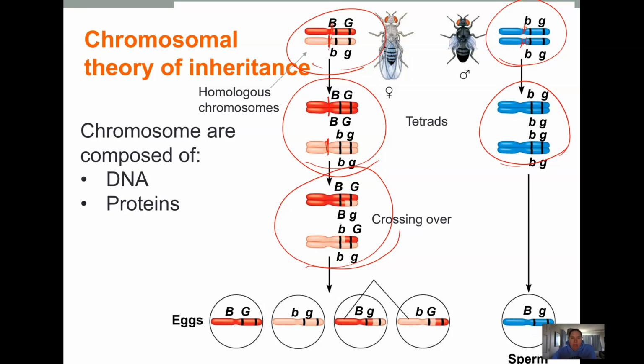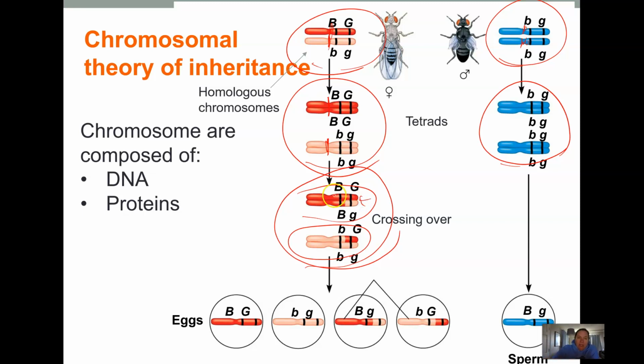So you can see that this is going to lead again to 4 variations in the female parent's gametes, and this occurs. So the first, the tetrads, right? The two chromosomes are going to pull apart in anaphase 1, and then the sister chromatids are going to pull apart in anaphase 2.